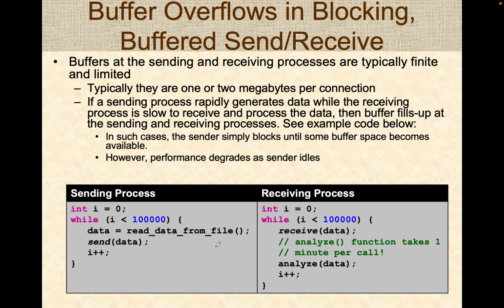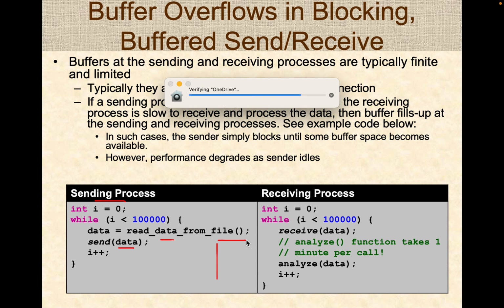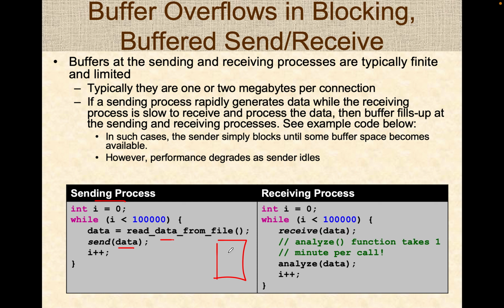Buffer overflows can also happen, or this might also cause deadlocks to occur. So, for example, let's say the sending process reads a bunch of data from a file and starts sending data. Keep in mind the buffers are a finite size. So, you might have 256 gigs or something like that in a buffer.